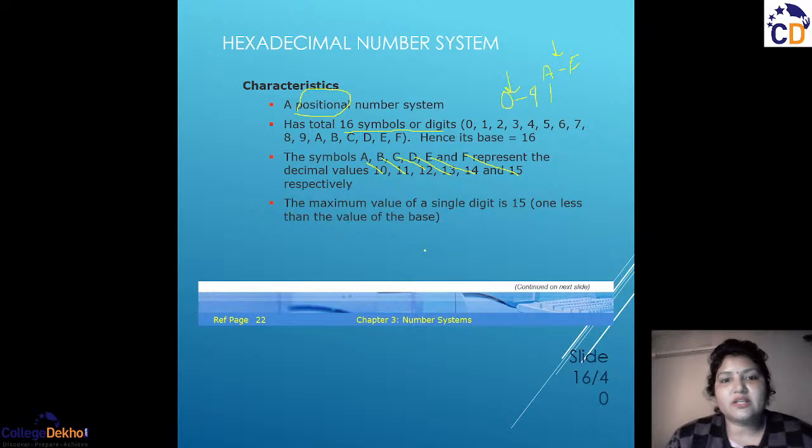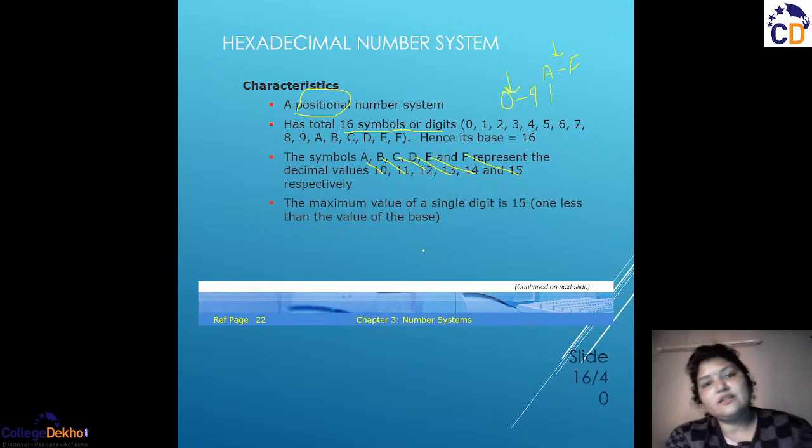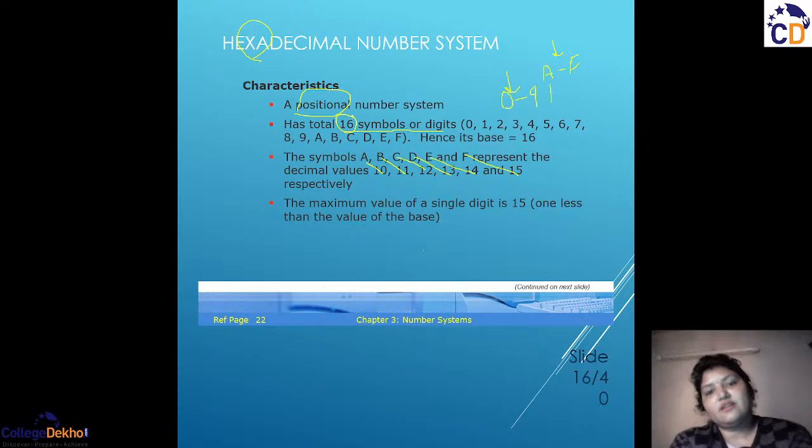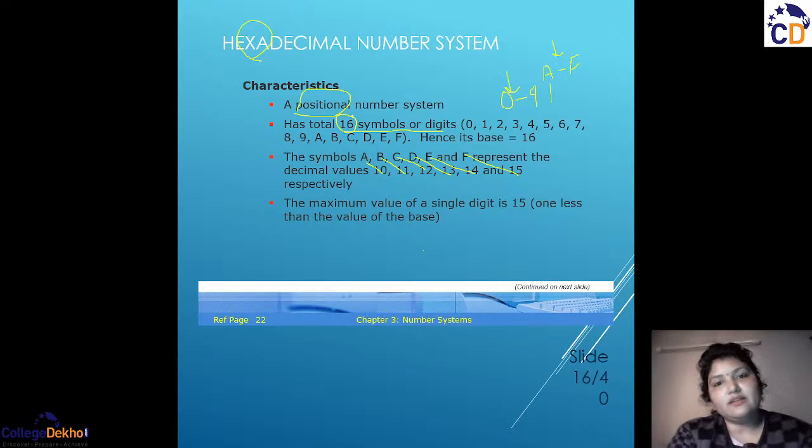Right? So your values would be between 0 to 15, and hexadecimal always represents the base, that is 16 symbols or 16 digits. What are those digits? It ranges from 0 to 9 and A to F.